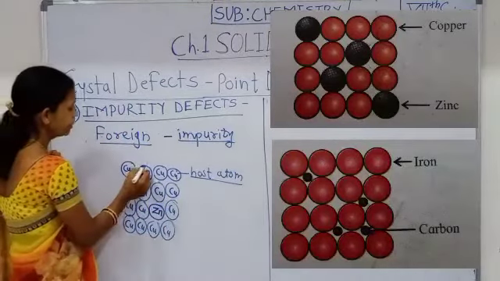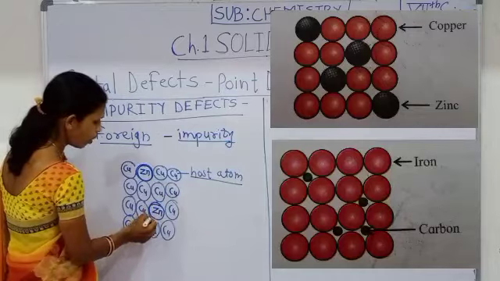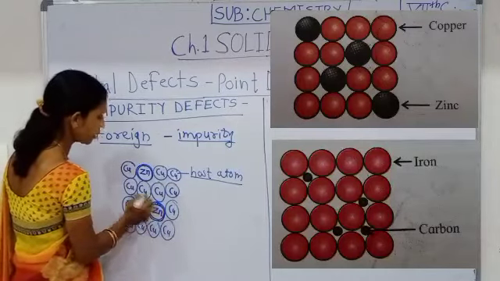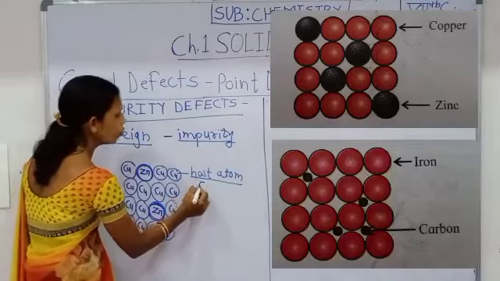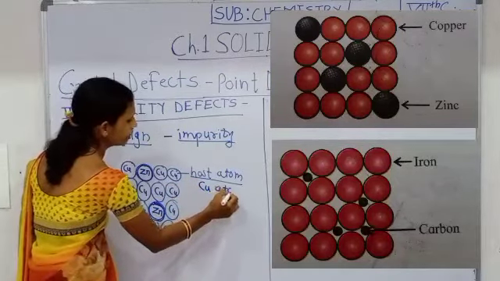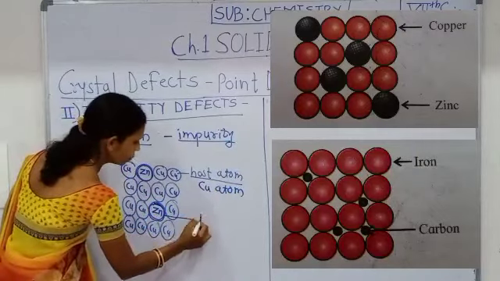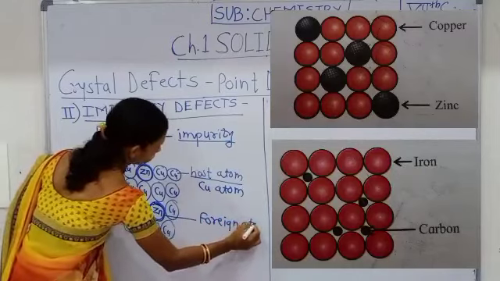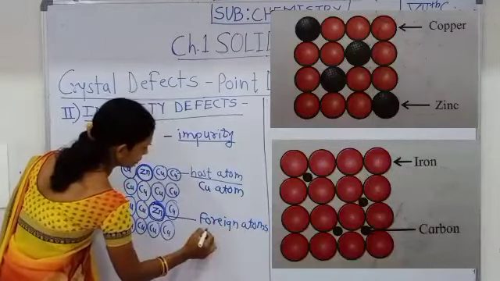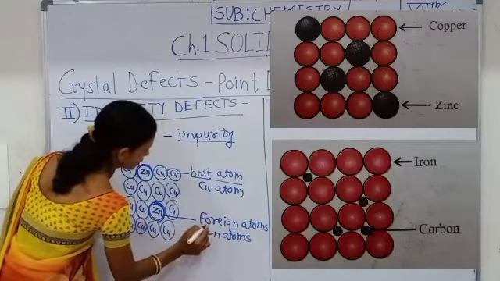Then see here, in this crystalline substance, the copper atoms arranged in the crystal are known as host atoms, and the zinc atoms are known as foreign atoms.